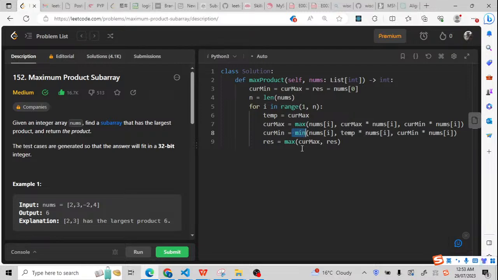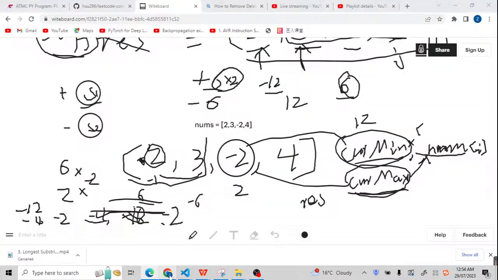It is the minimum, and then it times a negative value. It can become the maximum. So my result just needs to get the max of current max with my result. As I explained earlier, it can be very big from the beginning, like 2, 3, already 6. No matter what you include or other numbers, it cannot be more than 6.